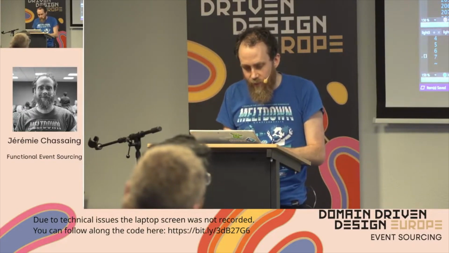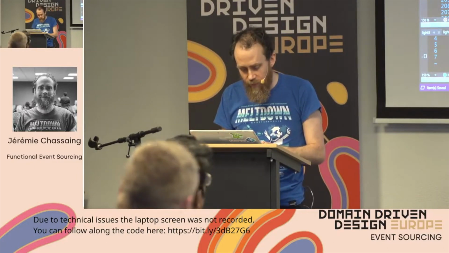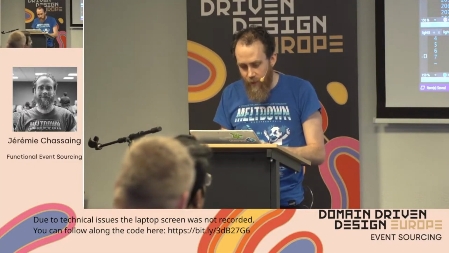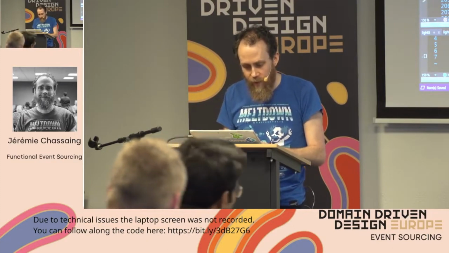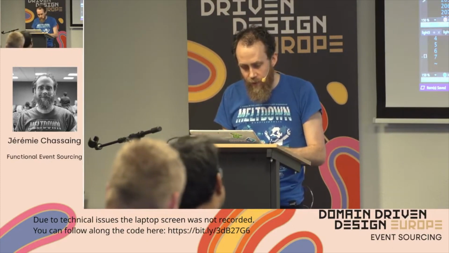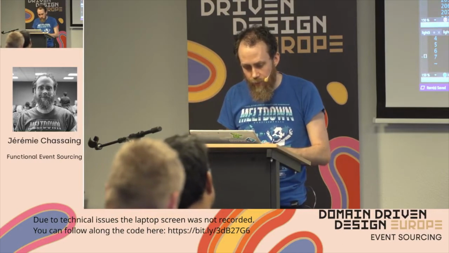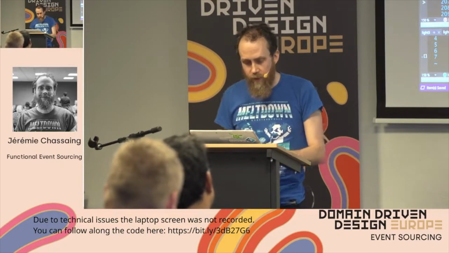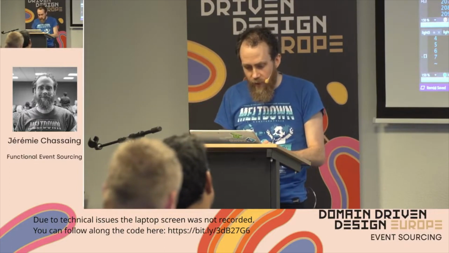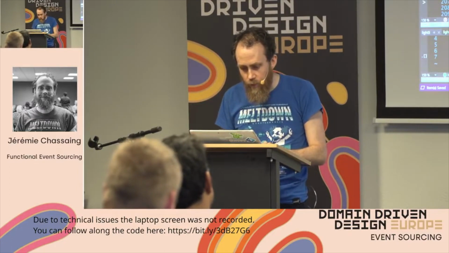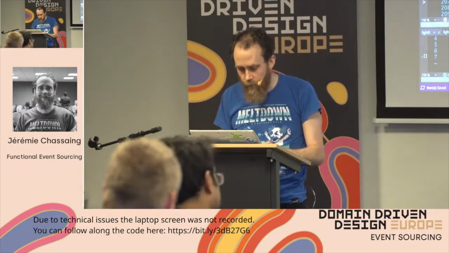So let mutable saved. It's totally not very functional code, as you can see. Saved false, while not saved, do. And the only thing I need to add is to load, but not from the start.